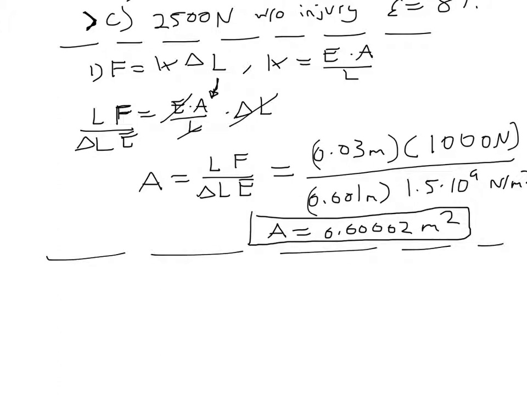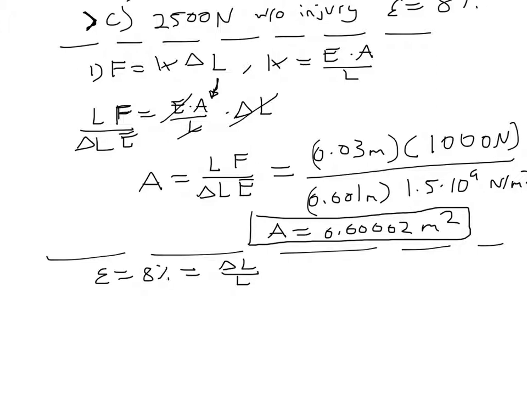Before we are able to use the equation that we solved for, we need to figure out what an 8% strain is in absolute terms, so the change in length of the tendon relative to its total length. So we know that the strain is equal to the change in length of the tendon divided by the starting length.